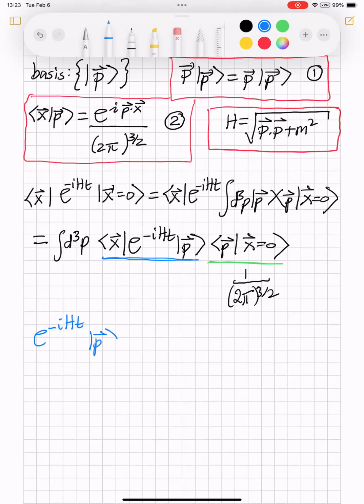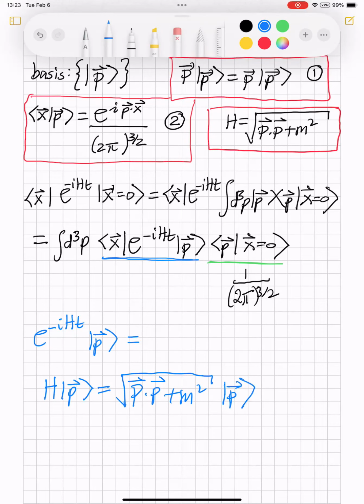That we would like to know. Okay, well, for H acting on p, we know what H is. This is the square root of operator p dot operator p plus m squared on ket p.